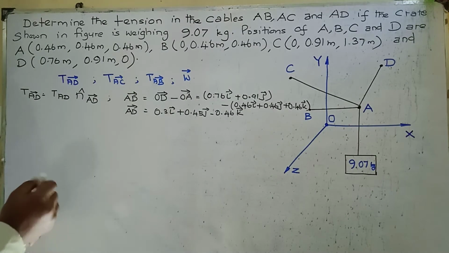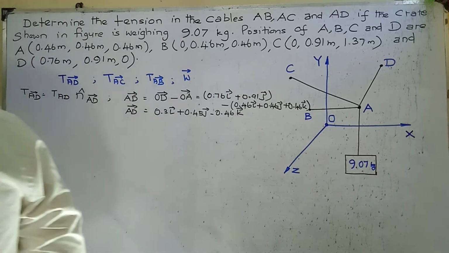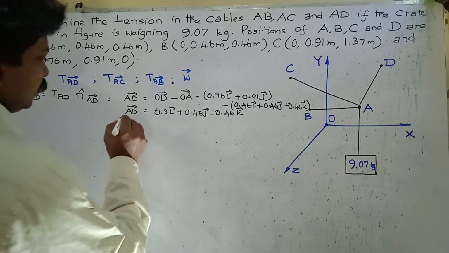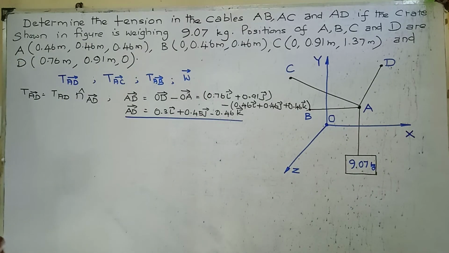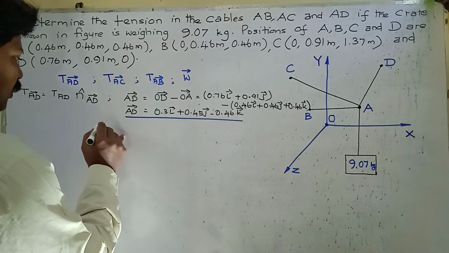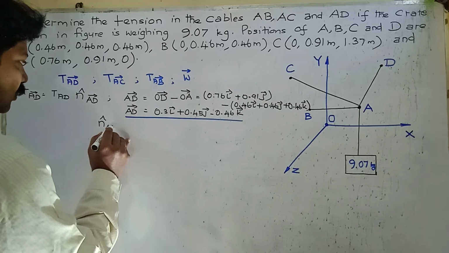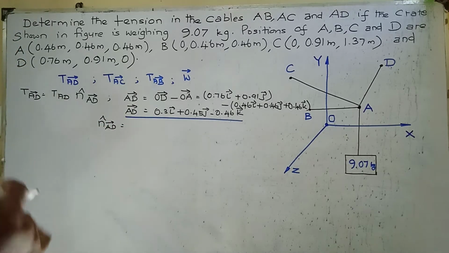Next you have to find n cap of AD vector. How to find n cap of AD vector? AD vector divided by magnitude of AD vector.